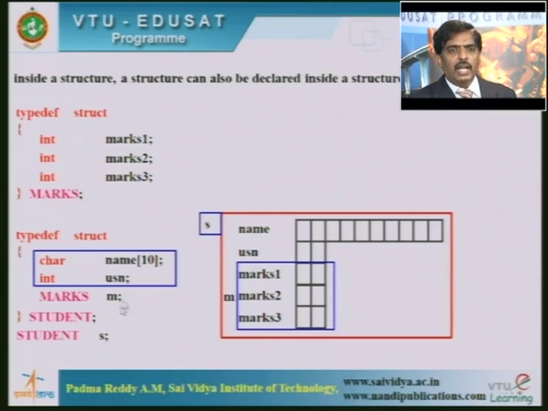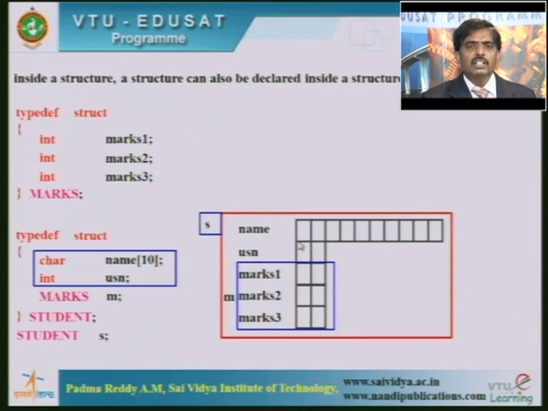Here, as we declare two variables, name and USN, of type char and of type integer, we can use one more variable m, which is of type what? Marks. This is called what? Nested structure. So this is a structure which is defined inside this structure.